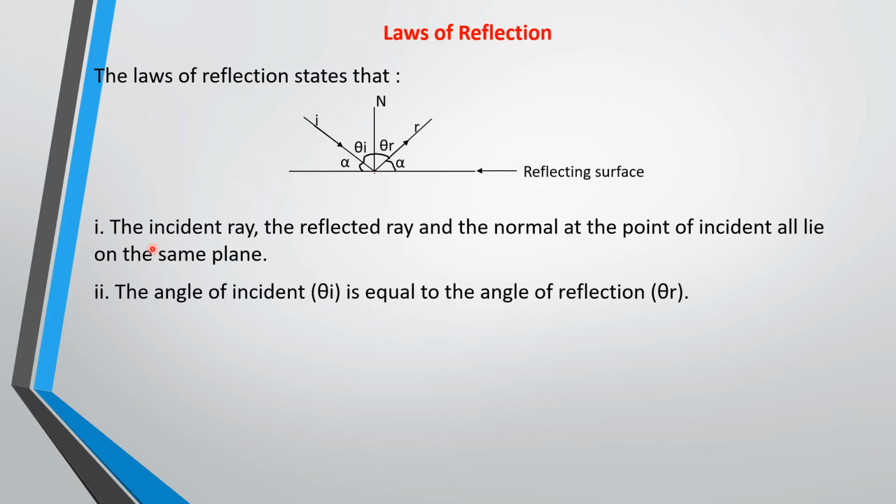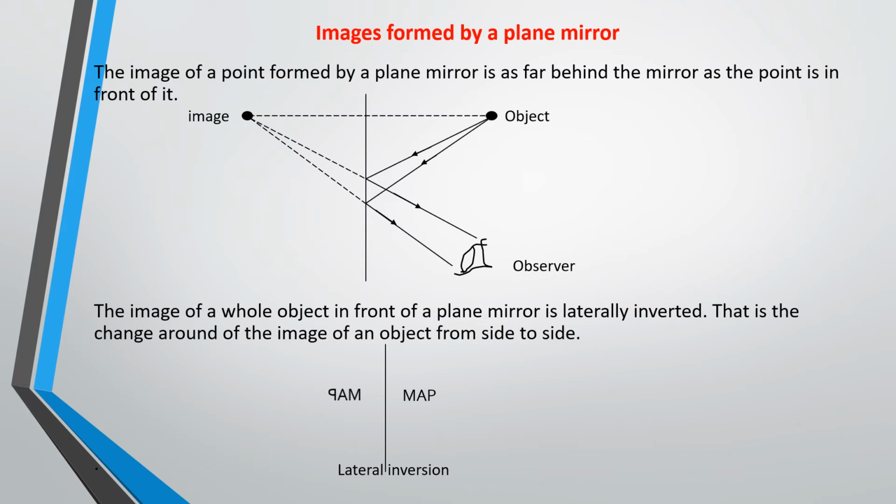Now we'll look at the image formed by a plane mirror. When we are talking about reflection, mostly our mind goes straight to a plane mirror. So what are some of the images that are formed by a plane mirror? Typically, this is a diagrammatic representation of the image formed by a plane mirror.